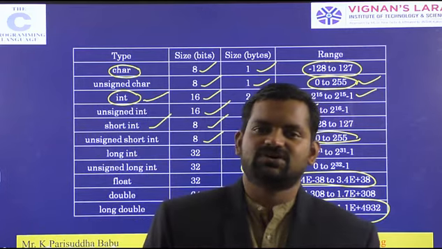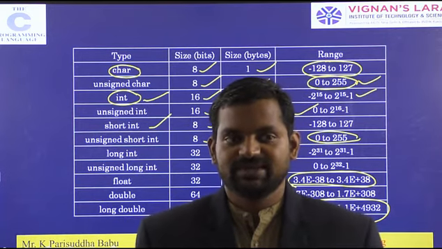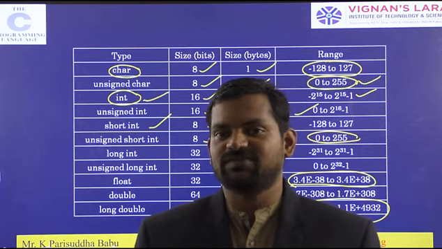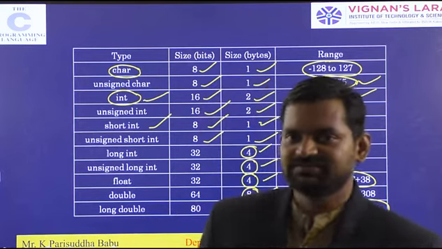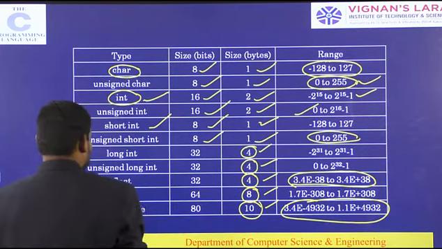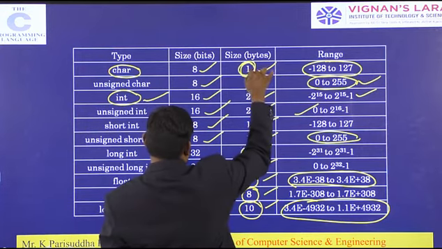Basically, data types are the type in which the memory has to be stored. The kind of data, the type of the data, has to be stored in the database. The minimum size is a character.